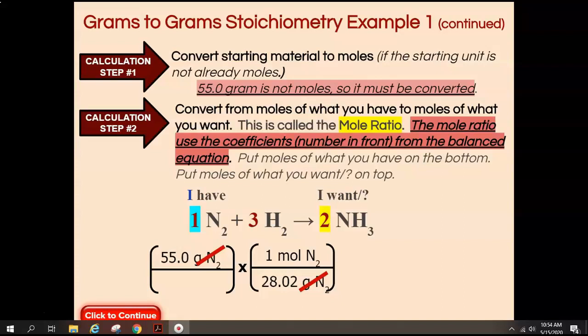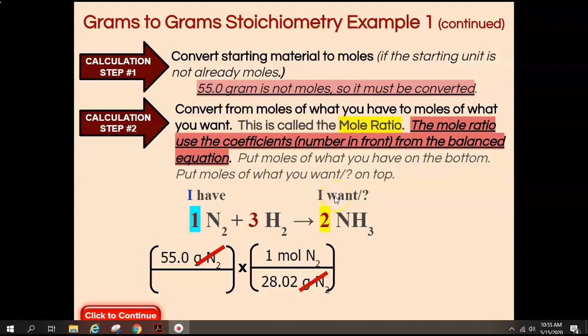The next step is converting from moles of nitrogen to moles of ammonia. And this is where I'm going to use my mole to mole ratio. The mole to mole ratio comes from the coefficients in the equation. I know for every 1 mole of nitrogen, I will produce 2 moles of ammonia.